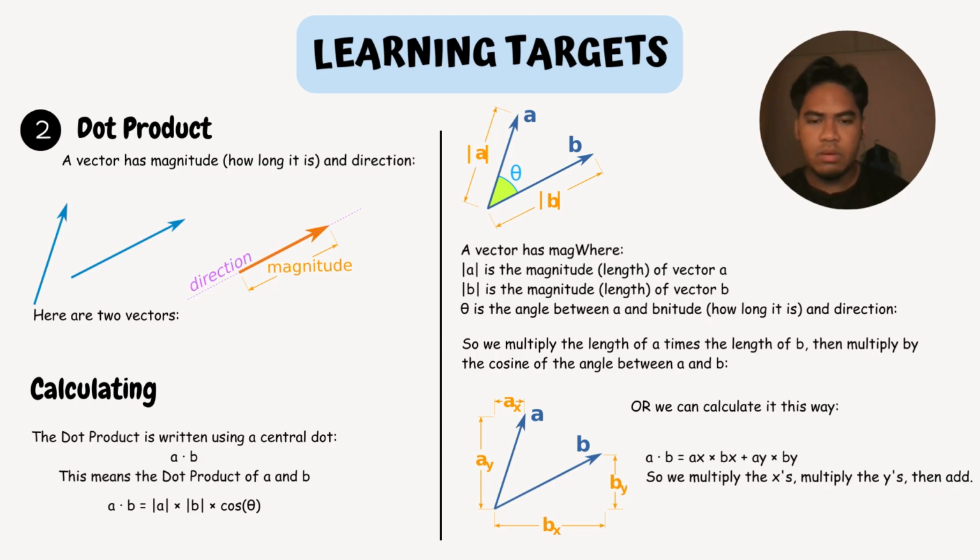Here we can calculate it this way: a dot b equals ax times bx plus ay times by. So we multiply the x's, multiply the y's, then add.